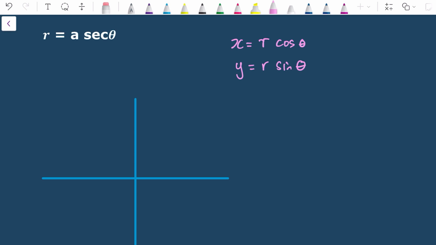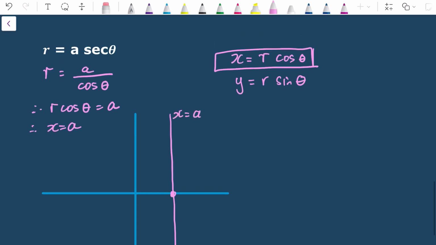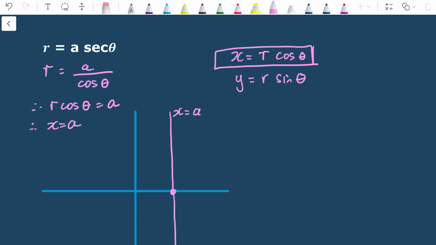So I know that r can also be rewritten as a over cos theta, and therefore I can say that r cos theta is equal to a. And I know that r cos theta is just x, and therefore I end up with the equation x is equal to a, which is just going to be this straight line here. And that's how we would think about dealing with the equation r equals a sec theta.